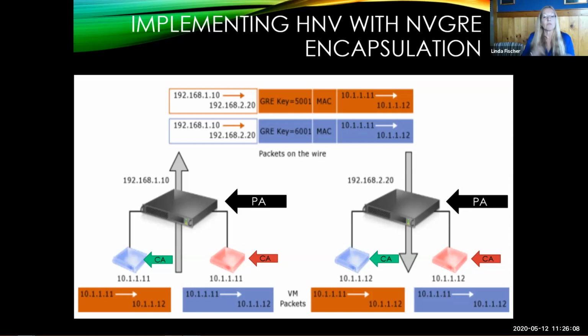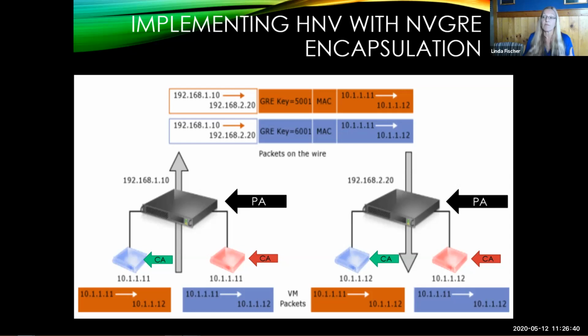Each virtual machine is assigned a CA address. So here we've got 10.1.1.11 or 10.1.1.12. And these addresses are unique on each virtualized network, and the traffic between is tunneled using NVGRE tunnels between the hosts. And to ensure the separation of the traffic between the 2 virtualized networks, a GRE key is included in the GRE headers on the tunnel packets, and that provides a unique virtual subnet ID.